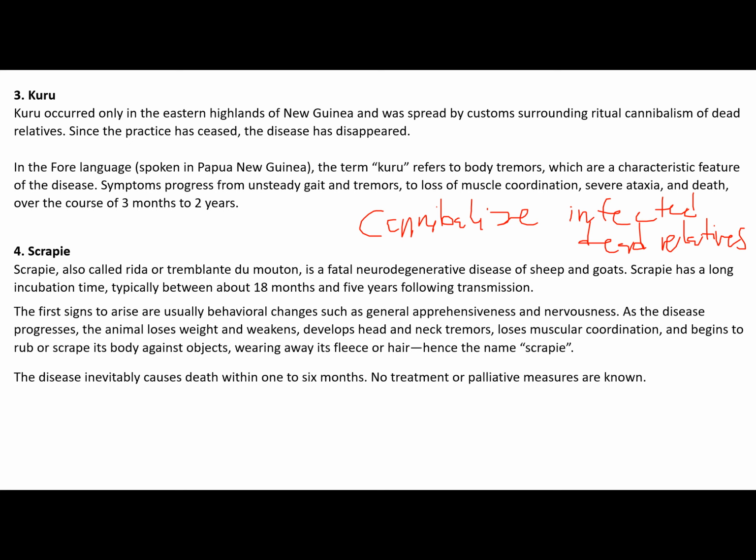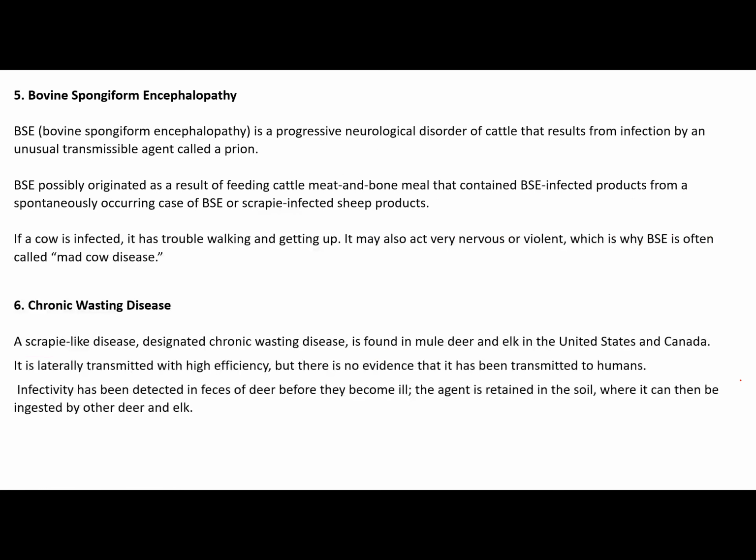And after losing muscular coordination, class, the hallmark symptom, which is why it is called scrapie, is that it would start to rub or scrape its body against objects until the hair or the covering fur of the animal is removed. The disease inevitably causes death within 1 to 6 months. No treatment or palliative measures are known.